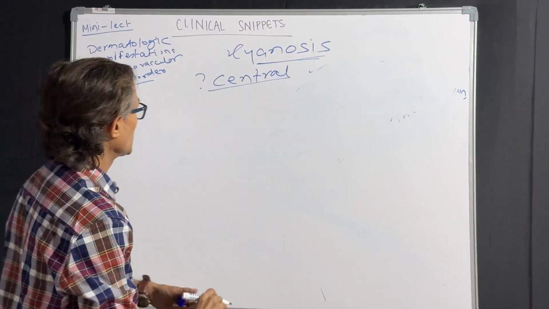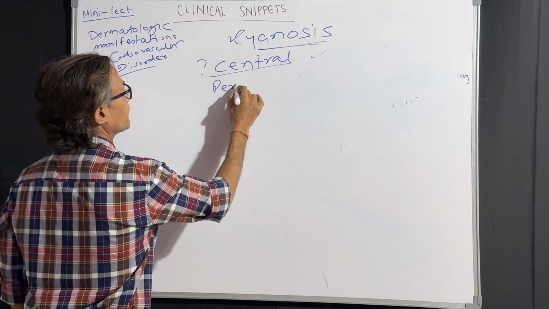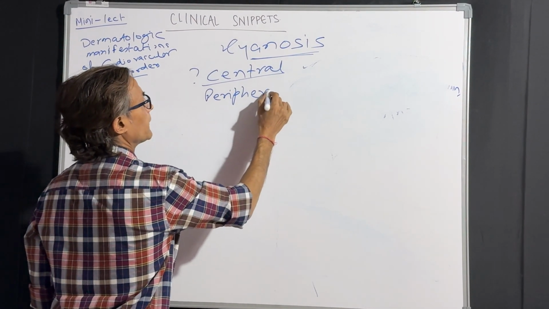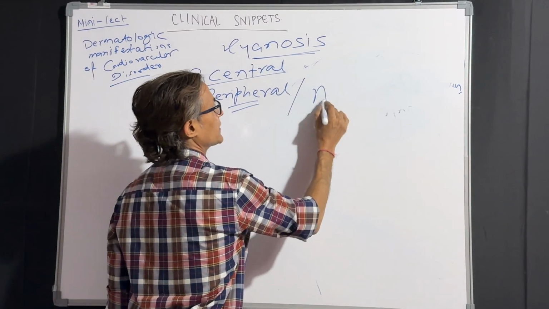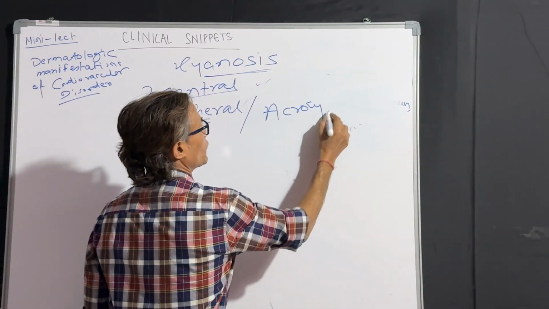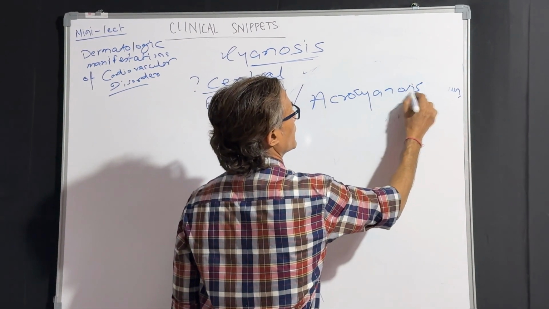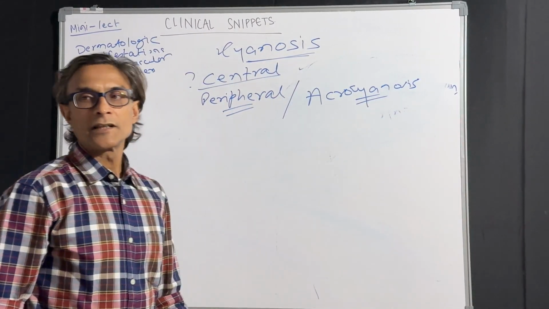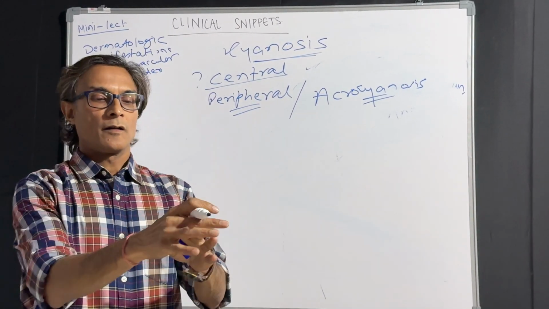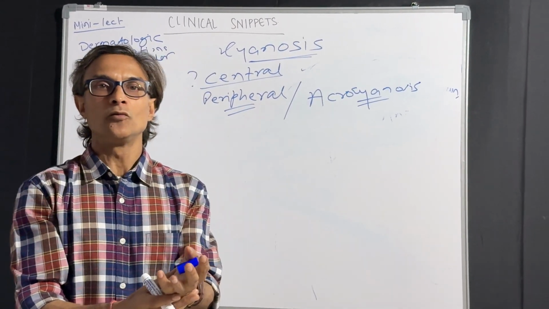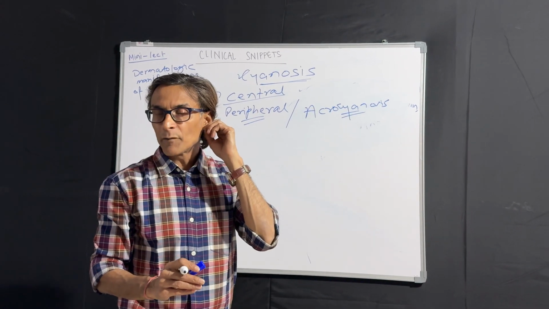Now cyanosis can be peripheral also. Peripheral cyanosis or acrocyanosis. That is, only the peripheries are blue. Extremities appear blue. Pinna appears blue.